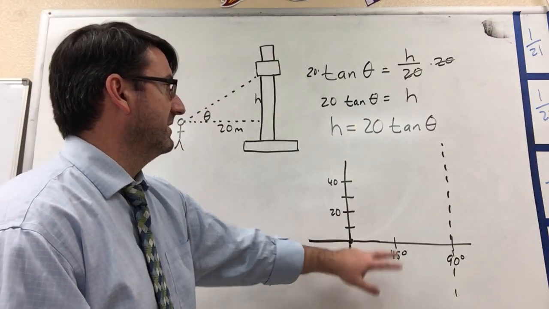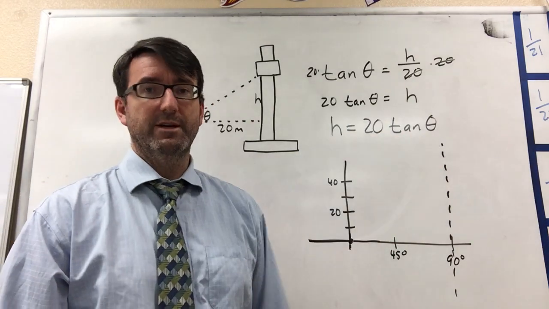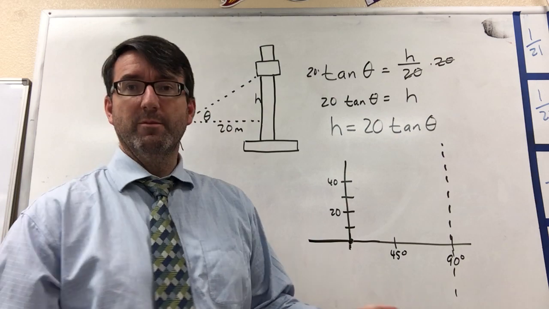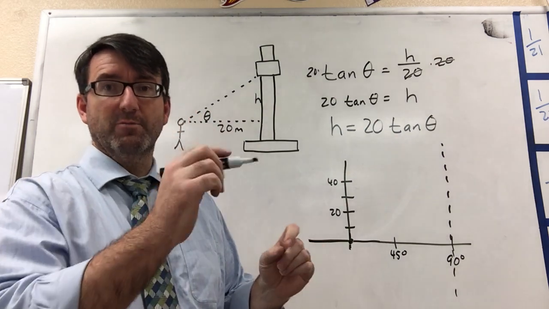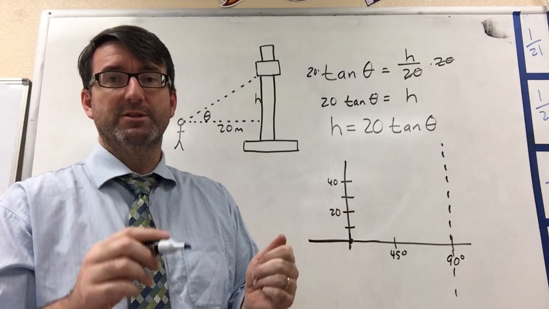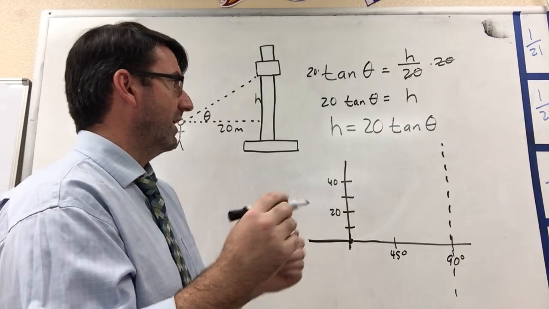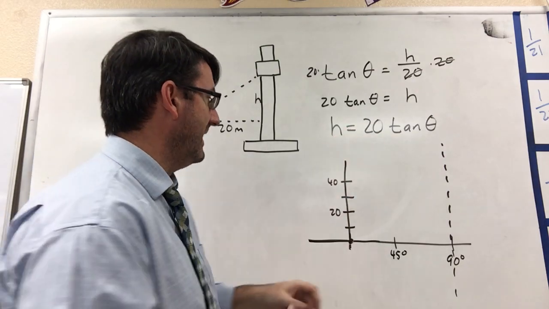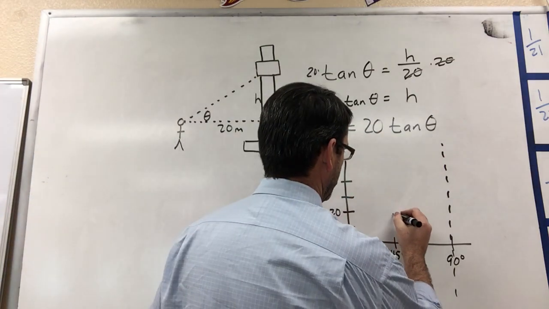At 45 degrees, the tangent of 45 degrees is 1. Remember, 45 degrees, or pi over 4 radians, that's right where both the sine and the cosine are the same. And so the tangent is going to be 1, which means that the height here at 45 degrees is going to be 20.